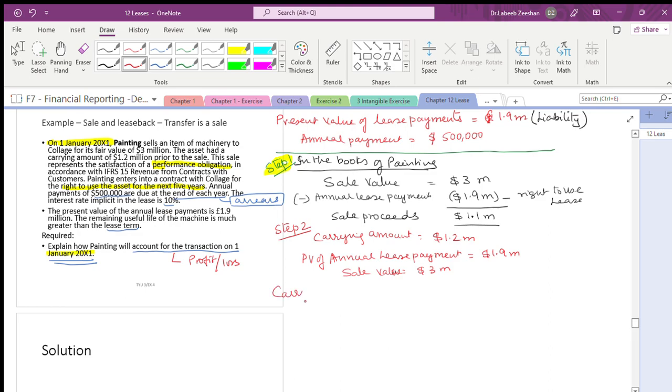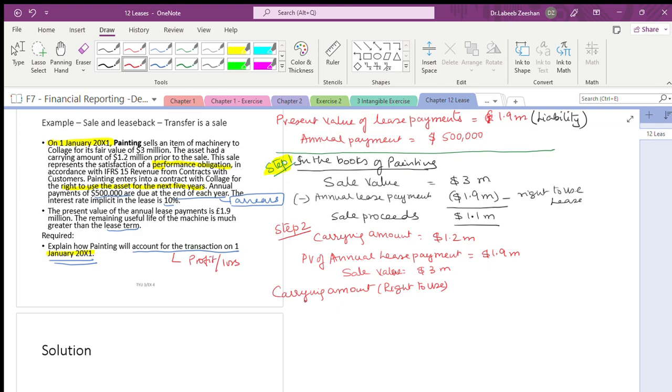The carrying amount, as we have to work it out with respect to the right to use. Carrying amount in terms of the right to use of the asset.